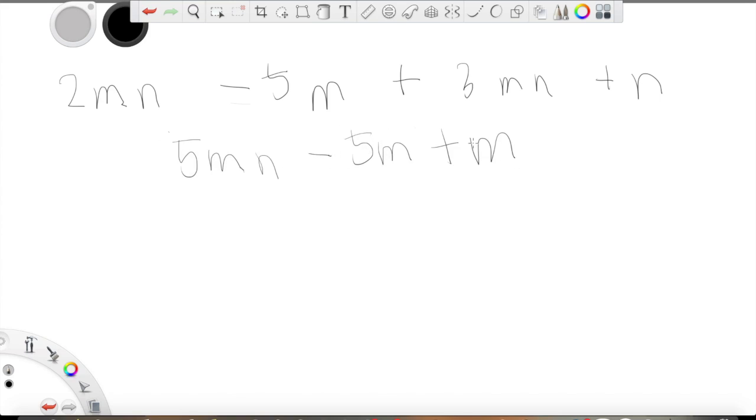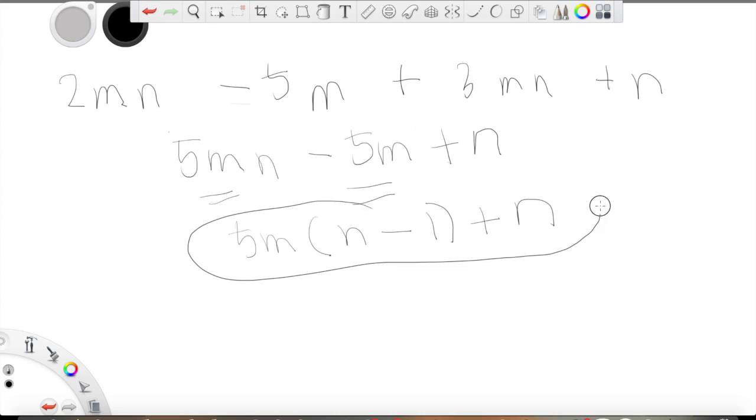Notice that we did not add 5m and n; they are separate. Now we could further simplify this by taking out 5m from the first two terms, so it becomes 5m times n minus 1, plus n. That's the final answer.